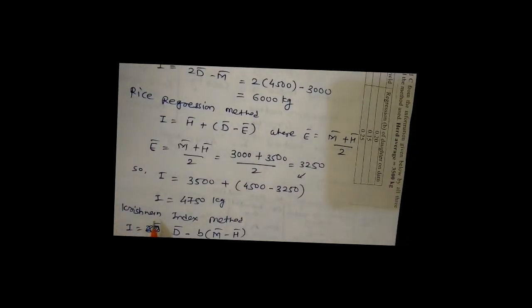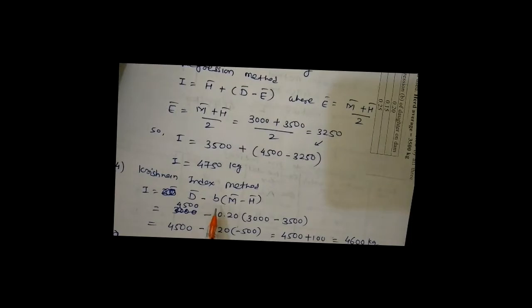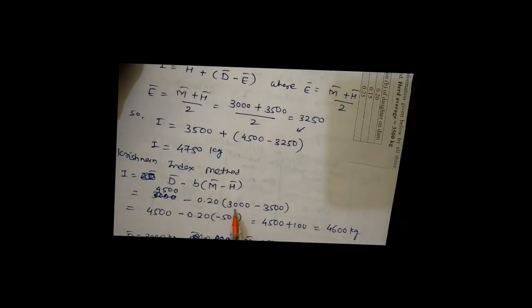Then another index value, that is the Krishnan index method. So I is equal to d bar minus b times (m bar minus h bar). Here d bar is 4500 minus b, that is 0.20, the regression value, times 3000, our dam's average, minus 3500, the herd average.